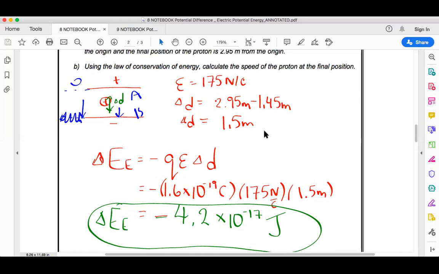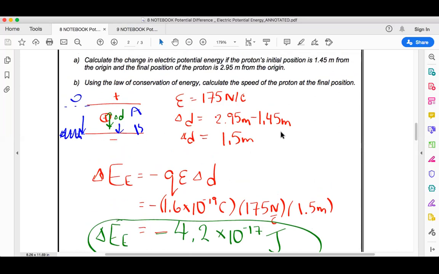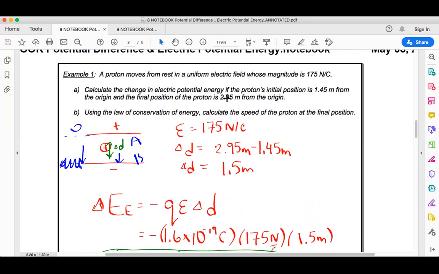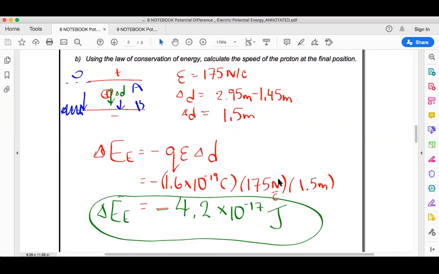Now, if this is our origin and we're moving from 1.45 to a final position of 2.95, so we're actually moving upwards. That's the ball is lifted up analogy. Oh no, wait.